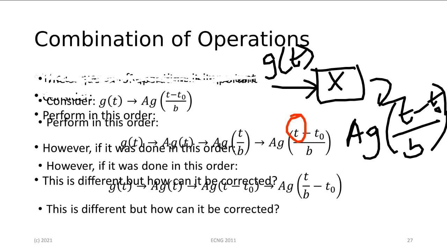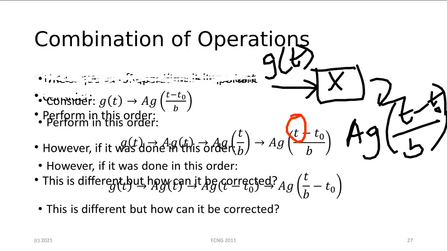Whenever we do the time scaling, we have to bear in mind that we are affecting the T function alone, not the T0, not the A. So if we do it in that order, we amplitude scale, then we compress or expand depending on the value of B, and then we delay T minus T0. We get the function that we want.